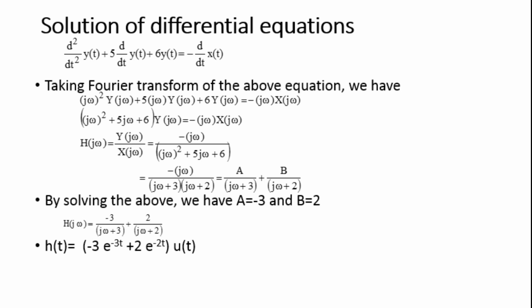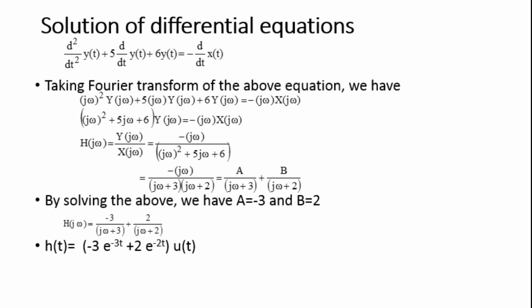omega plus 2), which is equal to A divided by (j omega plus 3) plus B divided by (j omega plus 2). Using partial fractions, we can find the values of A and B, and we get A is equal to minus 3 and B is equal to 2.